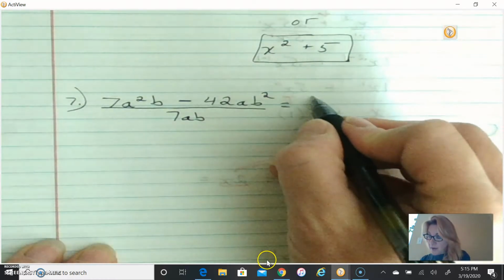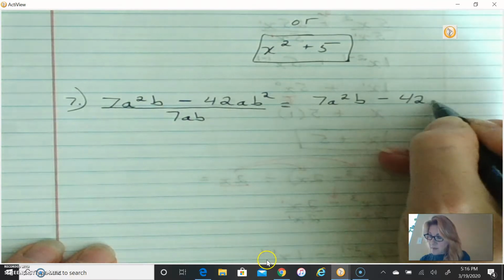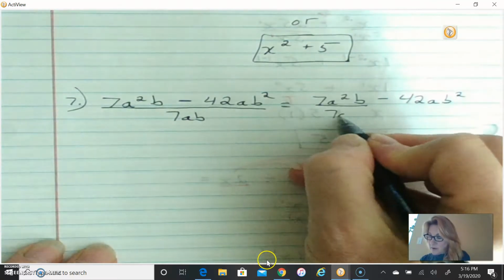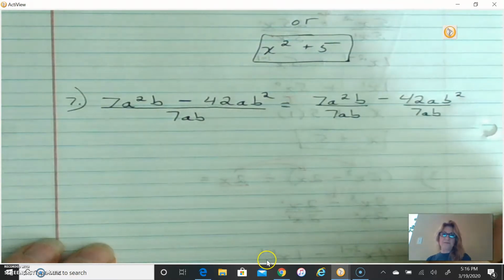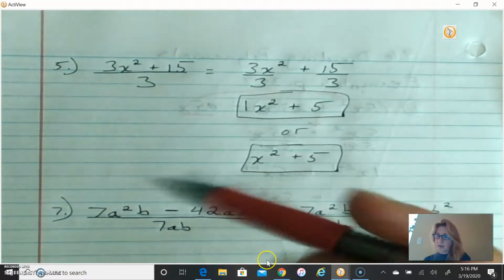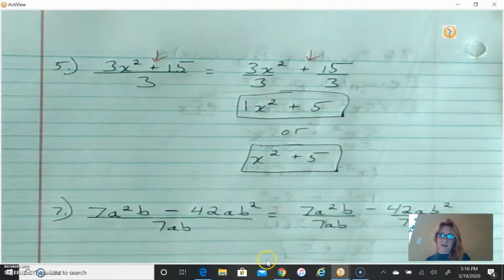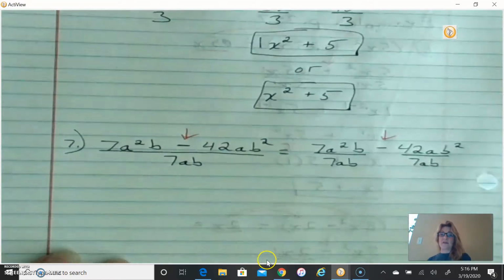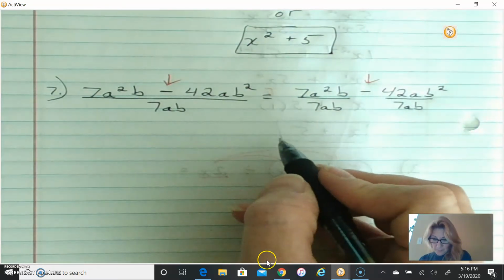So I'm going to rewrite it and this time I'm going to separate it and divide both sides by 7ab. Keep in mind up here we had a plus sign, so you want to make sure you carry that plus sign over. This time I have a subtraction sign, so we want to separate and make sure we carry over that subtraction sign. So here we go.